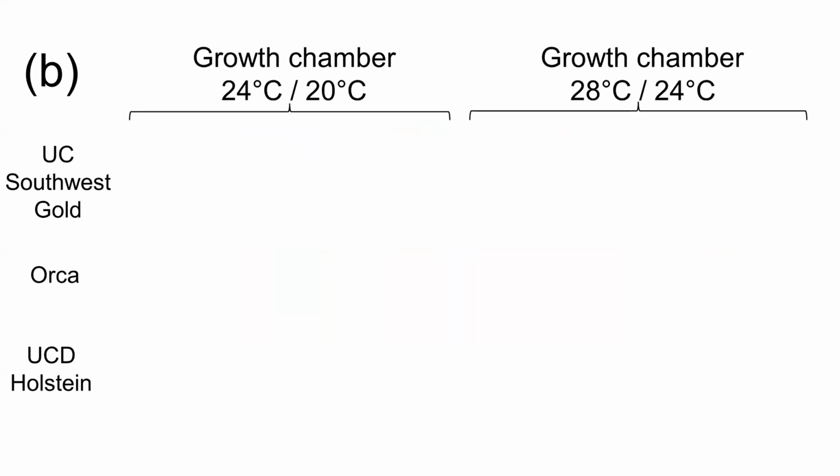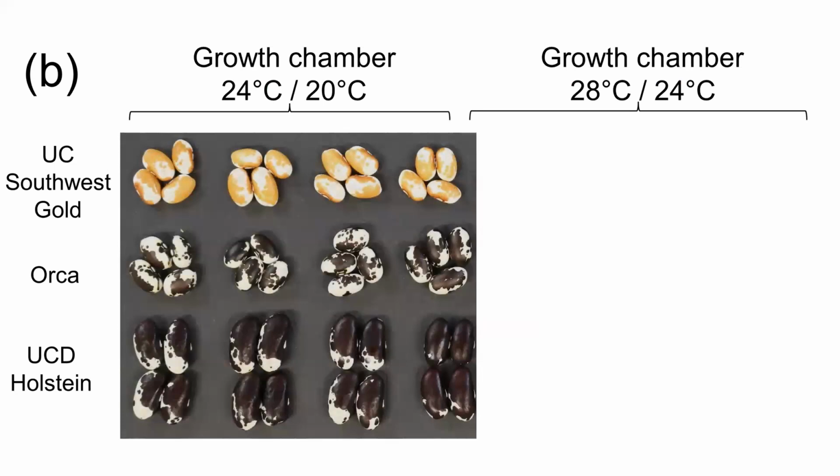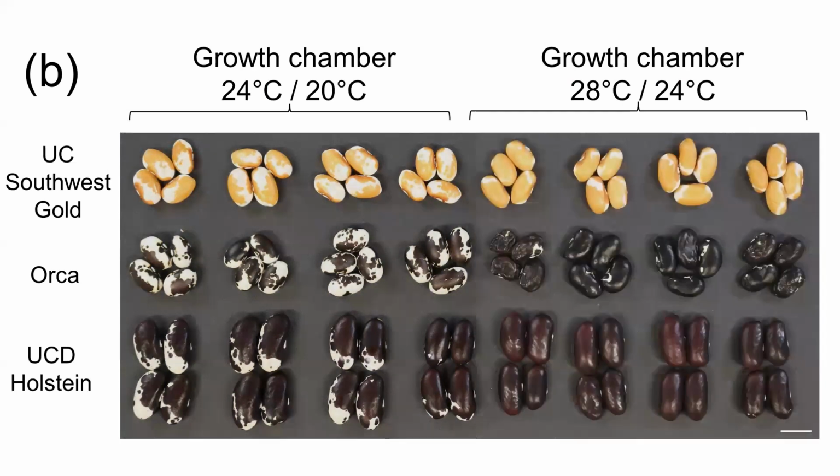And then we followed this up with a growth chamber experiment, and it was very well controlled. All the factors should be exactly the same, except that we set the temperature different between the two chambers. This is what they look like at a medium temperature, and then at high temperature, this is what the seeds look like.